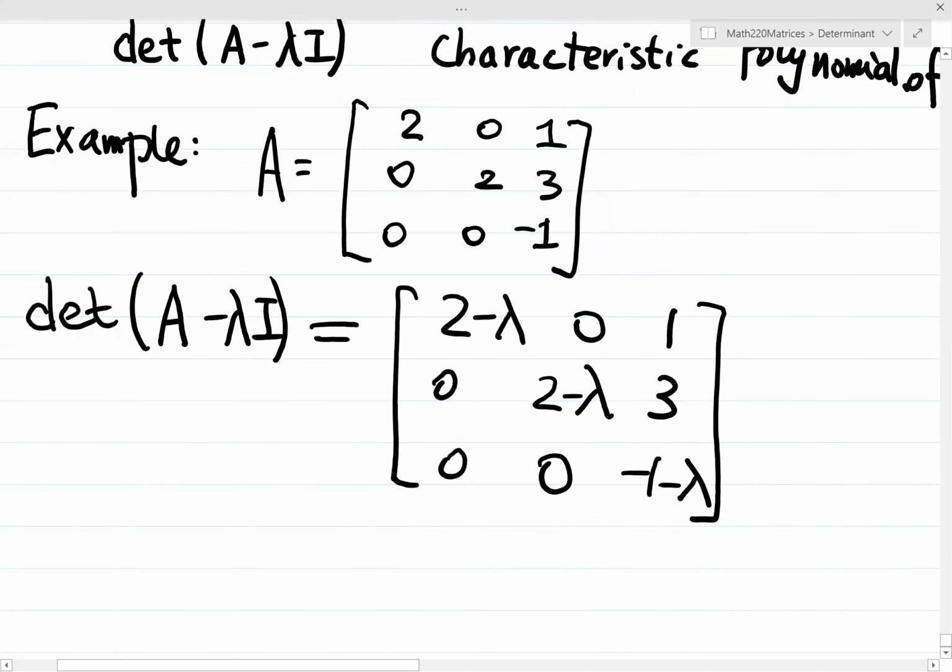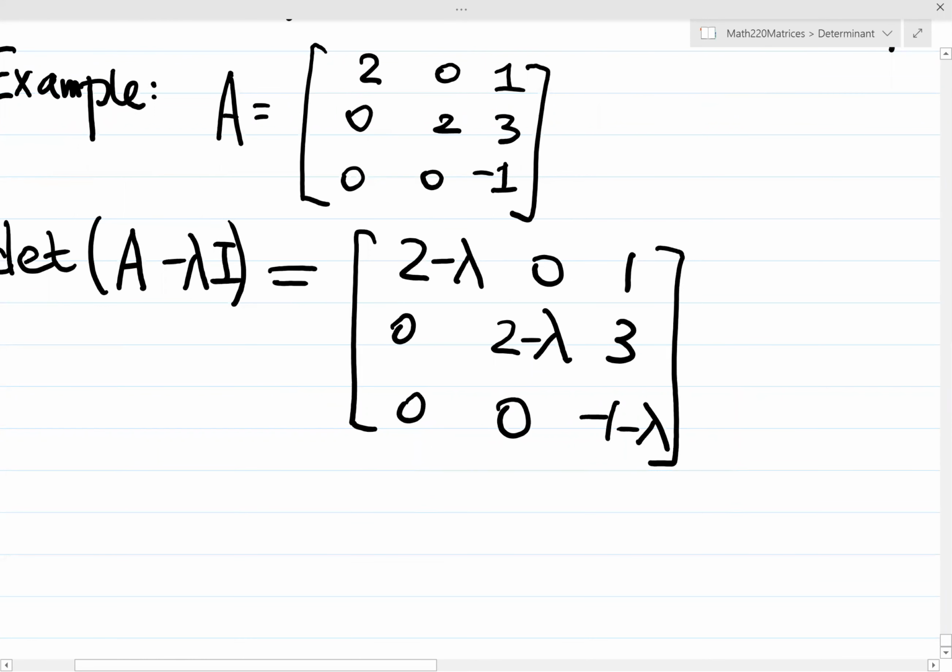Now we can compute this determinant using the definition of a determinant.